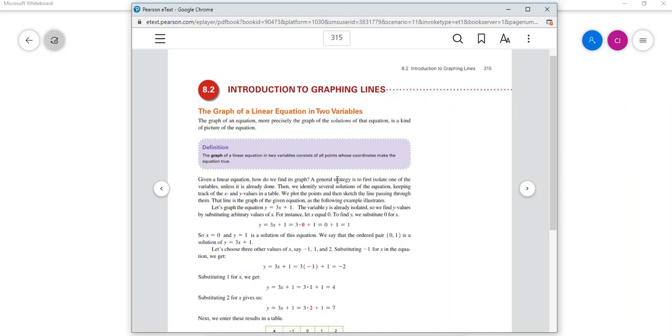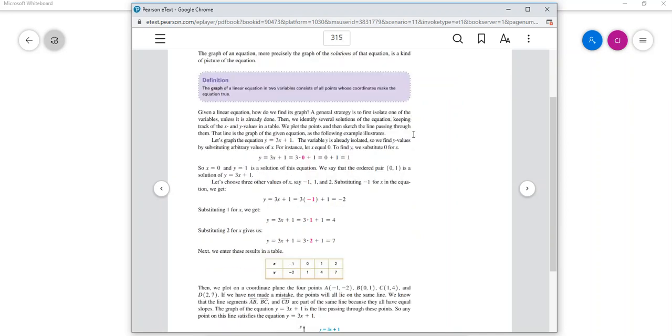We need two numbers, an x value and a y value in the Cartesian coordinate plane, to come up with a solution. Let's take a look at y equal to 3x plus 1. This is a two variable equation.